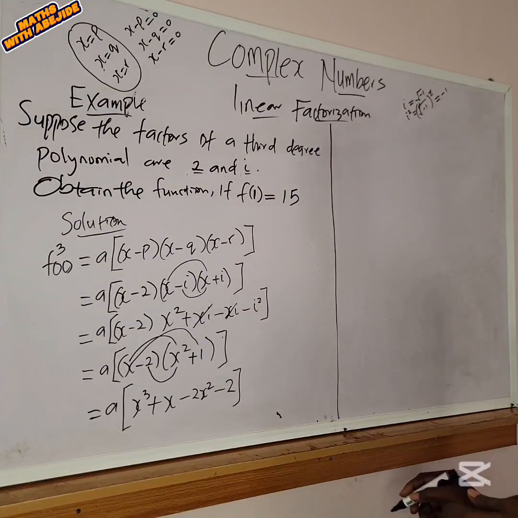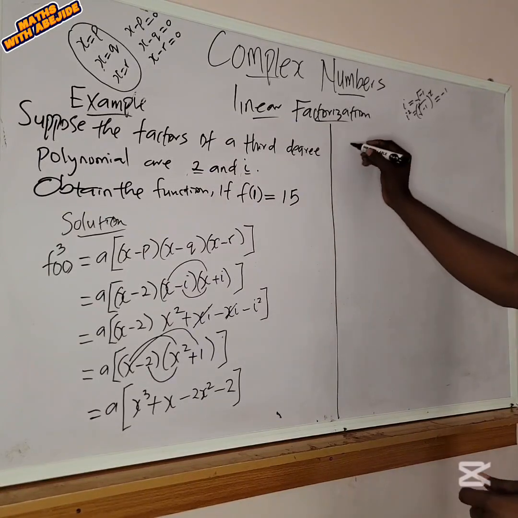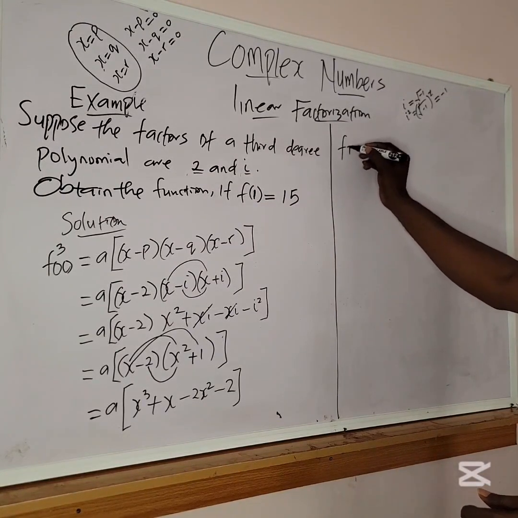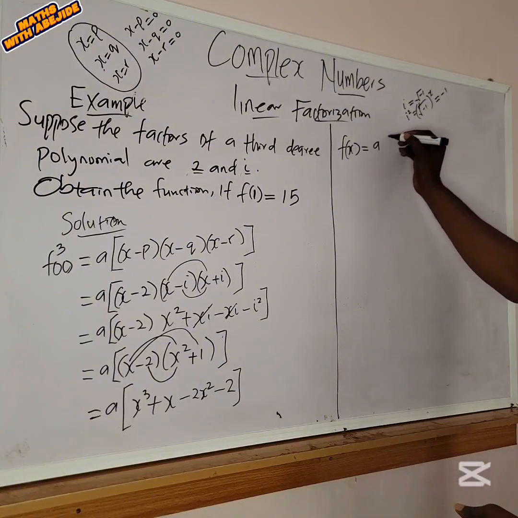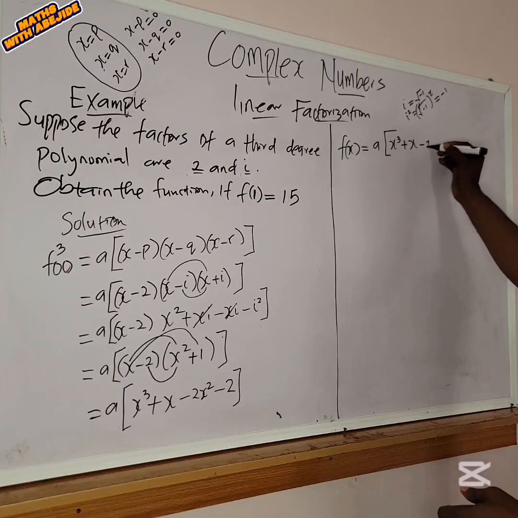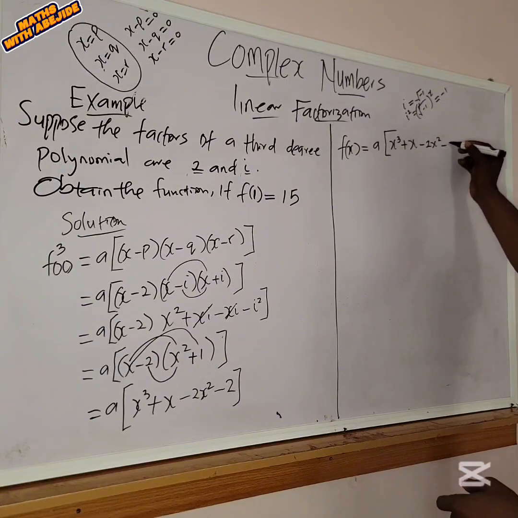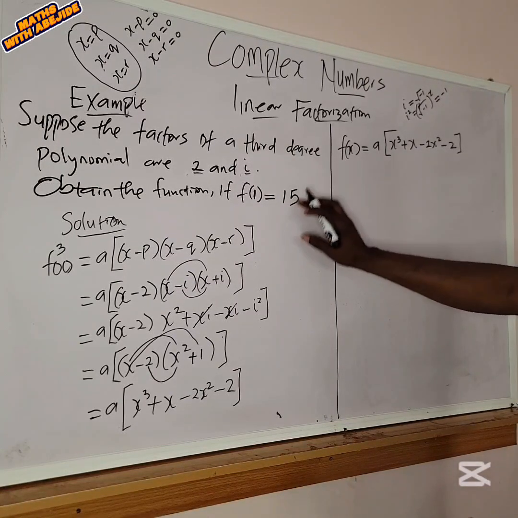Okay, now recall from the question that f of, okay, let's write this first. f of x will now be equal to a times x cubed, plus x, then minus 2x squared minus 2, right?